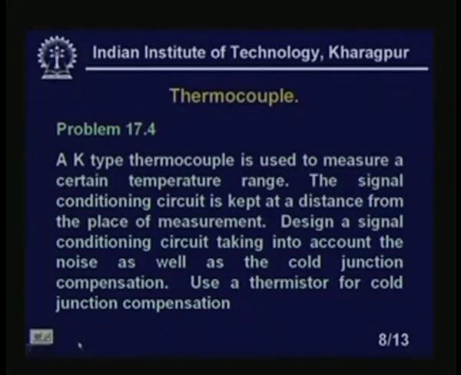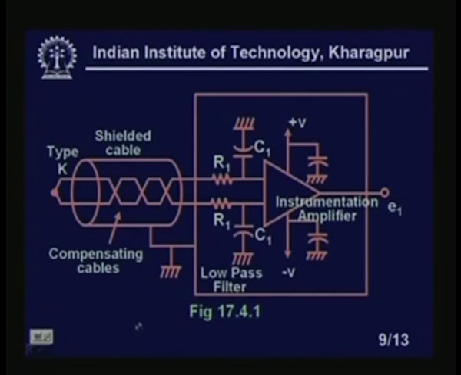Then the circuit looks like this. You see, this is a shielded cable, the type K thermocouple. This is the shield, and this is a twisted pair compensating cable, because the thermocouple will end here. After that it goes to low pass filters, and ultimately it is feeding the instrumentation amplifier.